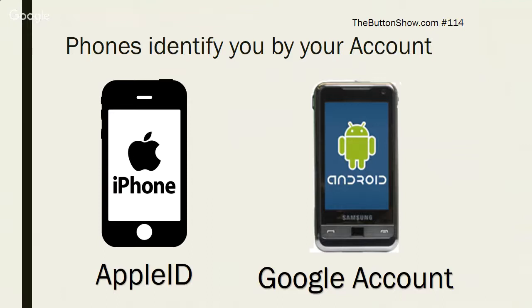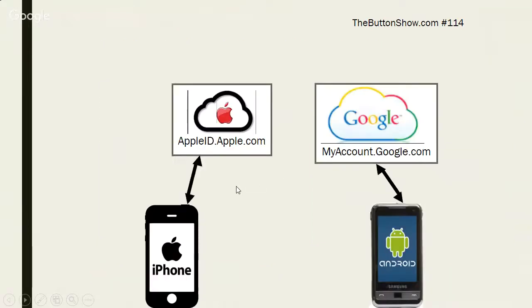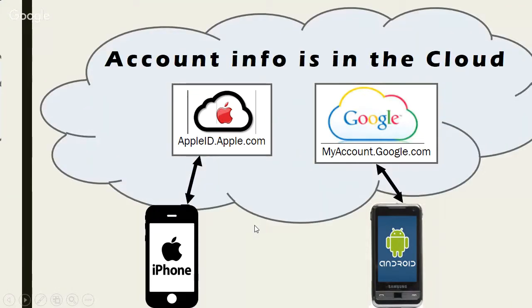Every Android phone needs one Google account. You can't use your App Store unless you have an account assigned to the phone. And with iPhone, it is an Apple ID, and this account information is found in the cloud.